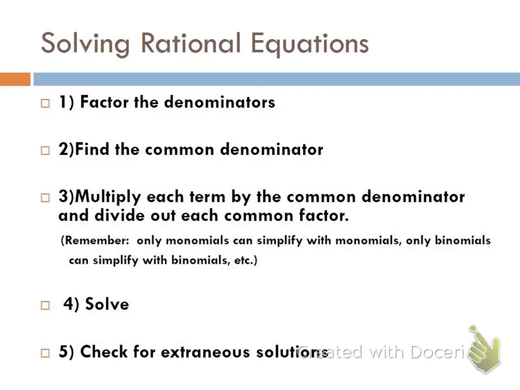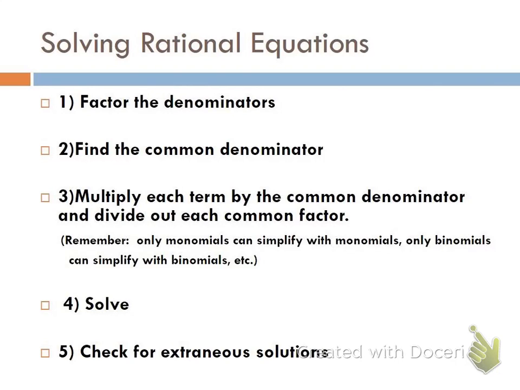So we're going to factor the denominators, find the LCD, multiply everything by the LCD, right? Now, when you're diagonally simplifying, remember that monomials can only simplify with other monomials, binomials with binomials, trinomials with trinomials, etc., right? Then solve, and then check for extraneous solutions.